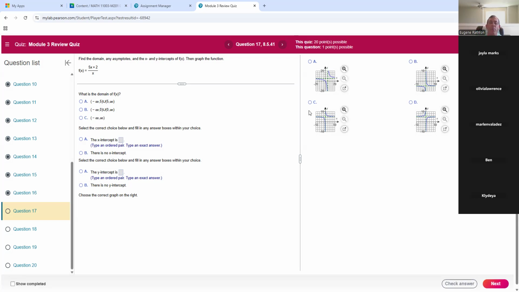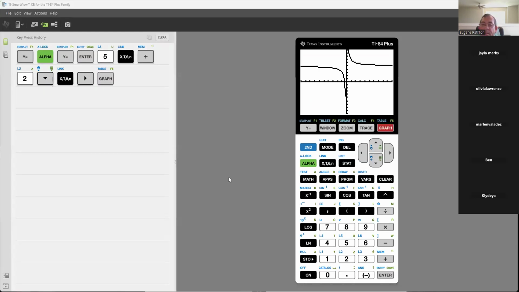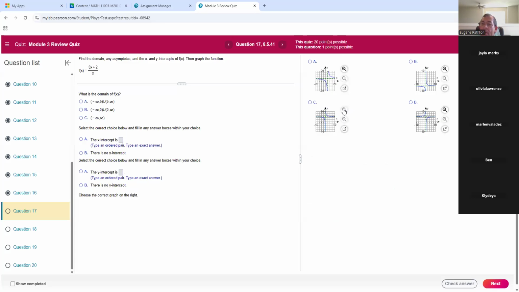All right, so I'm going to look one more time. We're down on the left side. So looking at that, I'm thinking C for me, because C came down on that left side. Remember, it can't cross over the y-axis because there was no y-intercept, right? So it's got to be C.